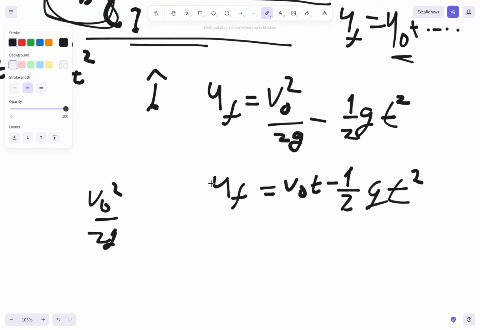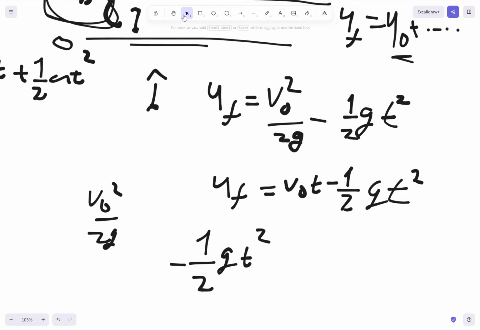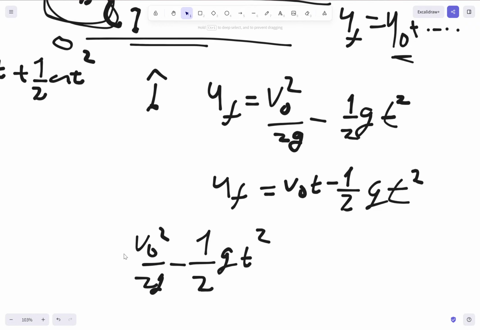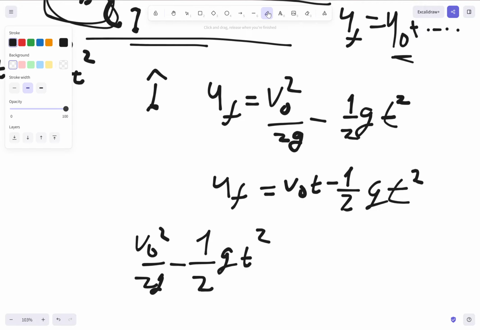Basically what we do here is set them equal. Wait, I can save myself some time real quick. V O T minus 1/2 G T squared.